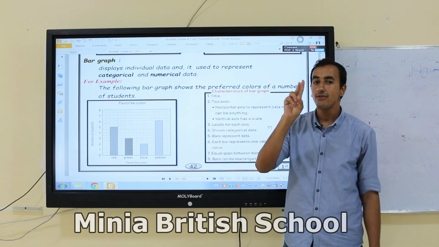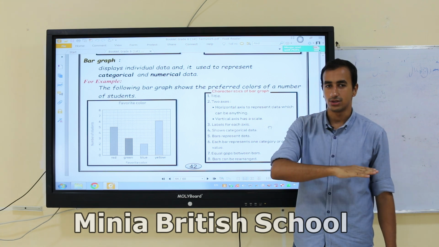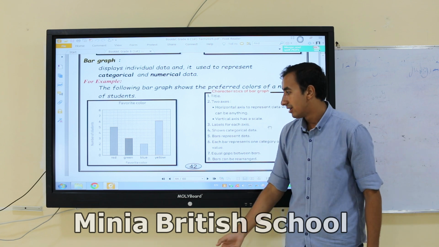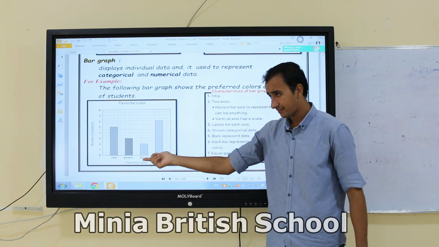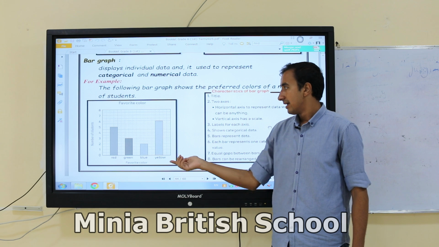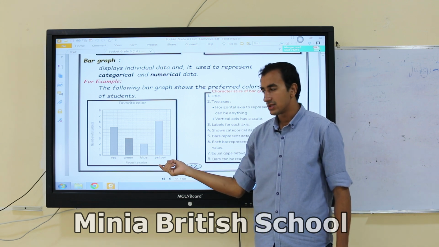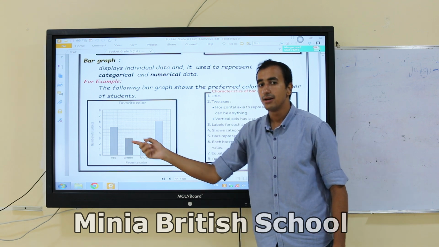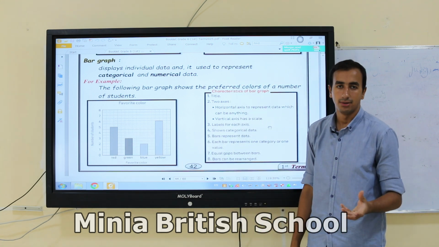So I have 2 axes, a horizontal axis and a vertical axis. The horizontal axis represents the names or items, but the vertical axis represents numbers.